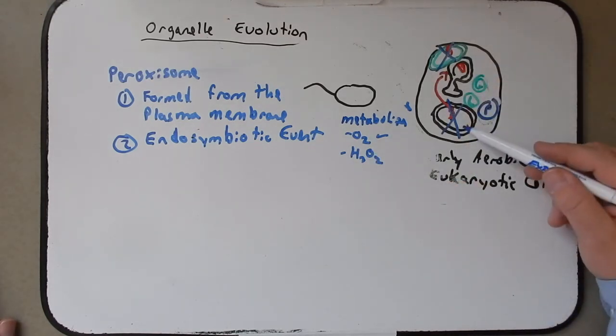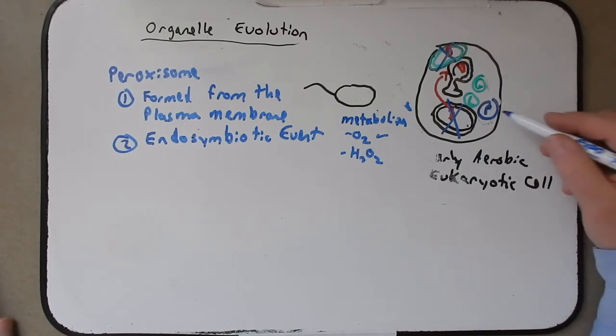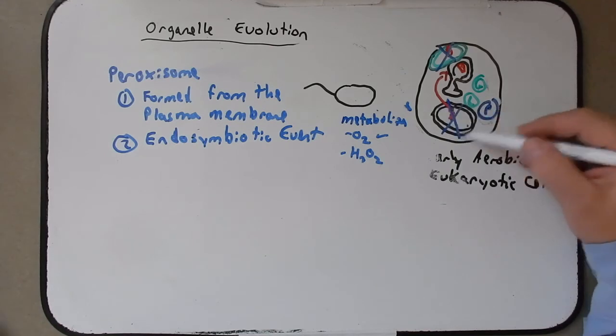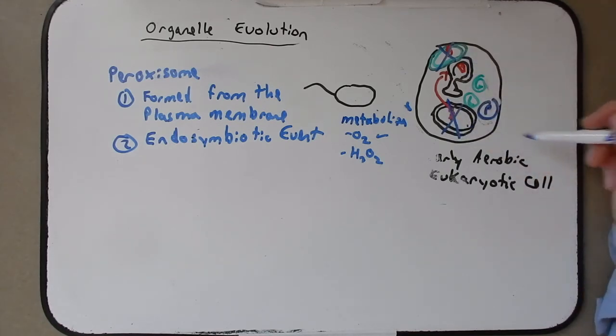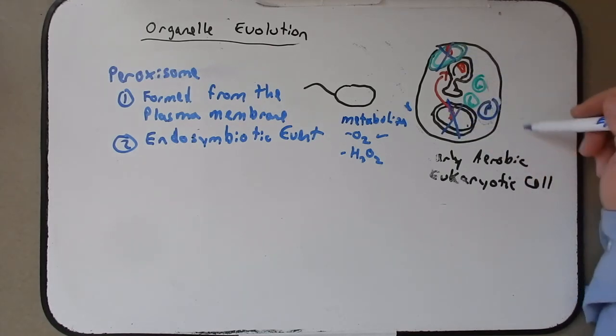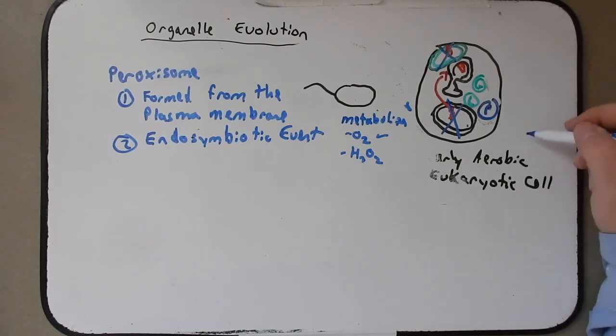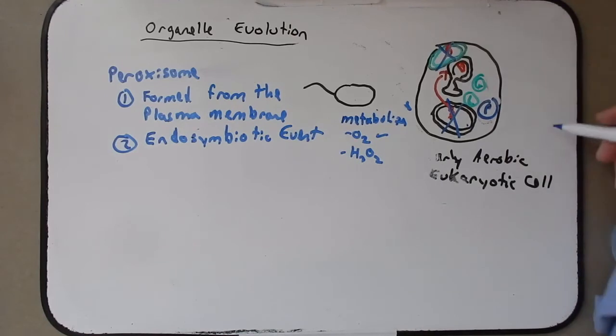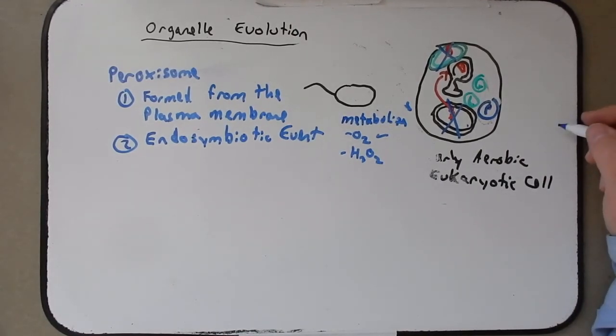Now, the need for the mitochondria and the chloroplast came later, or at least there was a beneficial adaptation to obtain the mitochondria and chloroplast because they provided more energy than the peroxisome. The peroxisome just protected the cells. It didn't really provide the energy that the mitochondria or chloroplast could have provided.